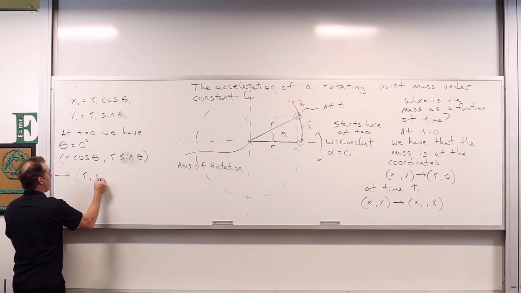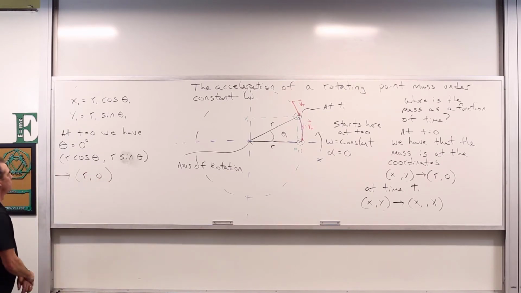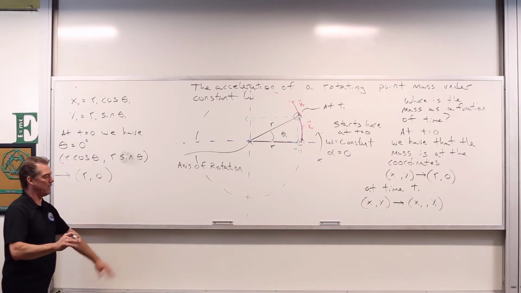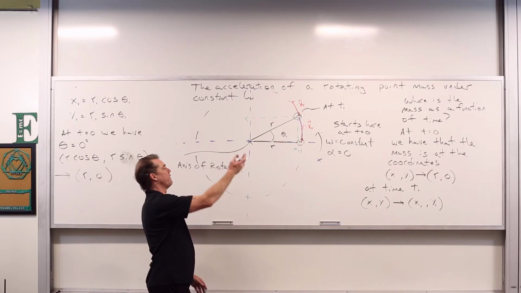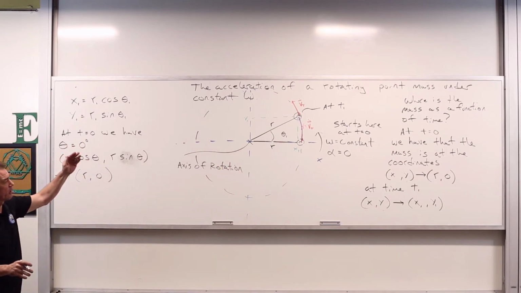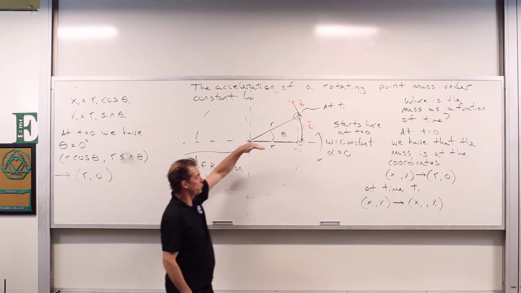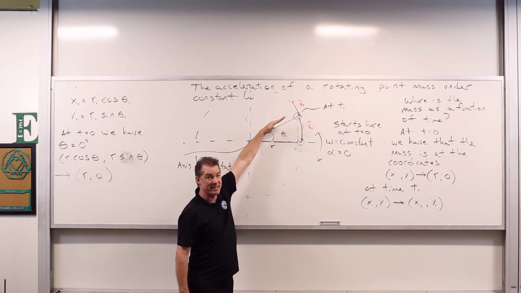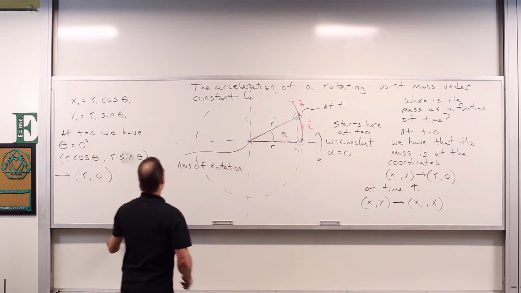So we get r, 0. Ultimately what we get here is a nice representation of what the coordinates of this object are, based upon the angular displacement it's undergone relative to theta equal to 0 and the radius of its rotation.